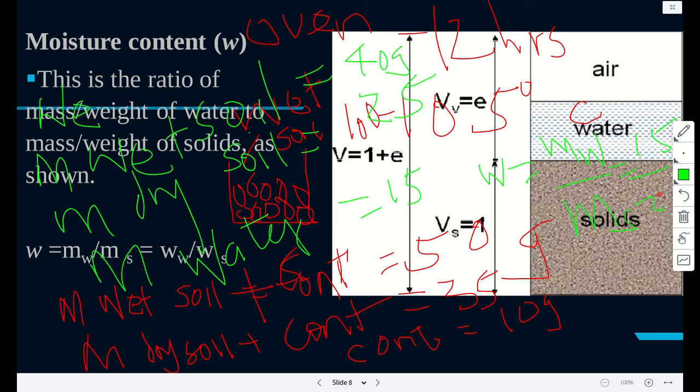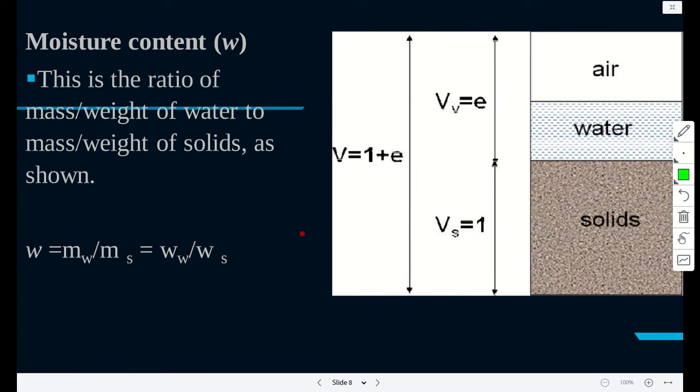Then you can express that as a percentage. So that's the weight of water, in other words, the water content. Normally we just present it like this. Or if you prefer to use the weights, you should still get the same thing.